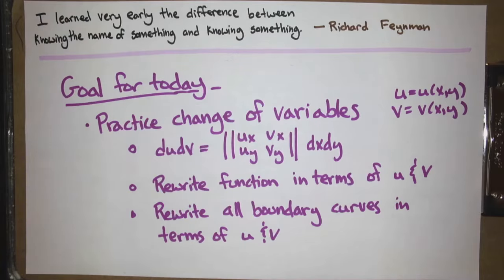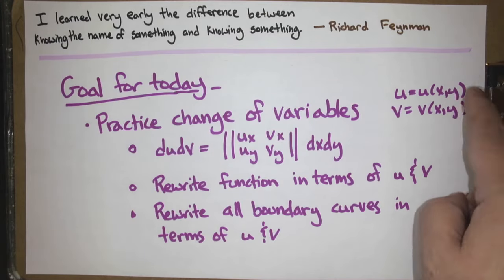All right, now what's our goal for today? Last time we motivated our change of variables and wrote down the important formulas. Today is practice. We're going to practice change of variables. Change of variables has different names. Sometimes it's called multivariable substitution. Whatever you want to call it, that's what we're practicing. So we start with something involving x and y.